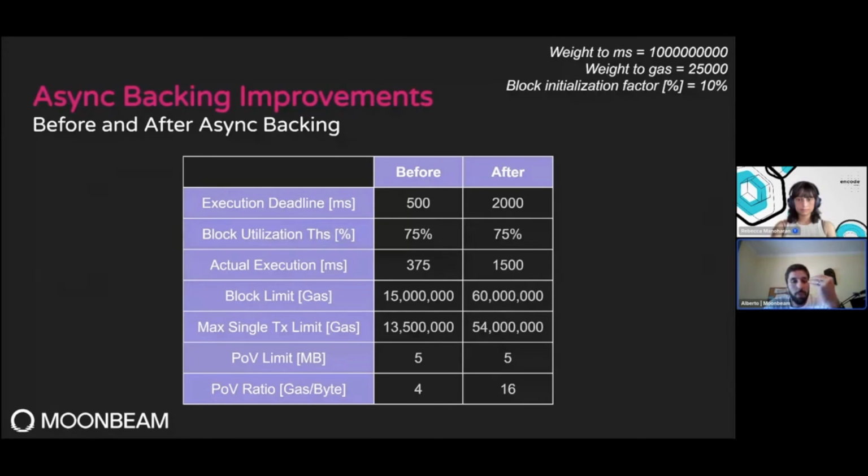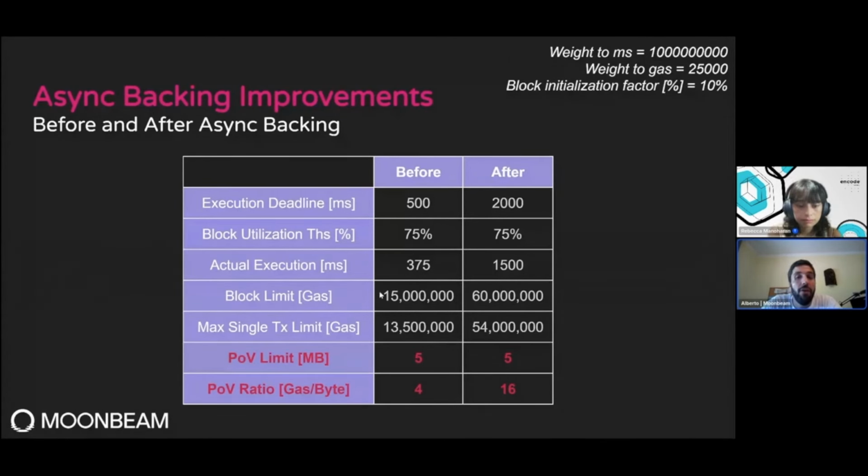But the POV, remember the POV, right? It was the size of the chunk that you share with the validator to verify the state transition, and it remained the same. Because it remained the same, the gas per byte of POV had to be increased from 4 to 16. Let's use rounder numbers, it's easier: 15 million gas units are represented in 5 megabytes.